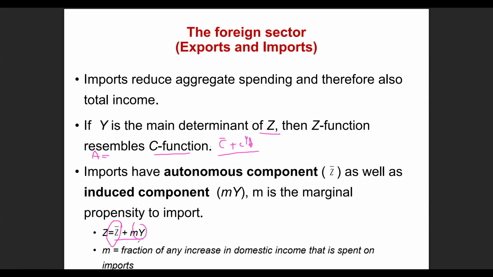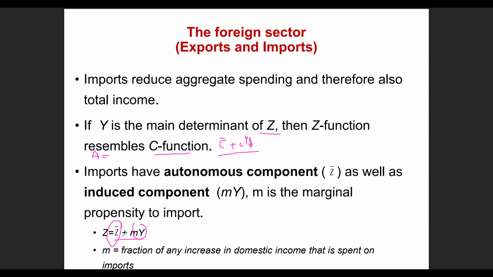Same thing with the import, because this one is the induced component of imports. It's telling us that with every increase in income, this is how much will be imported of that increase.